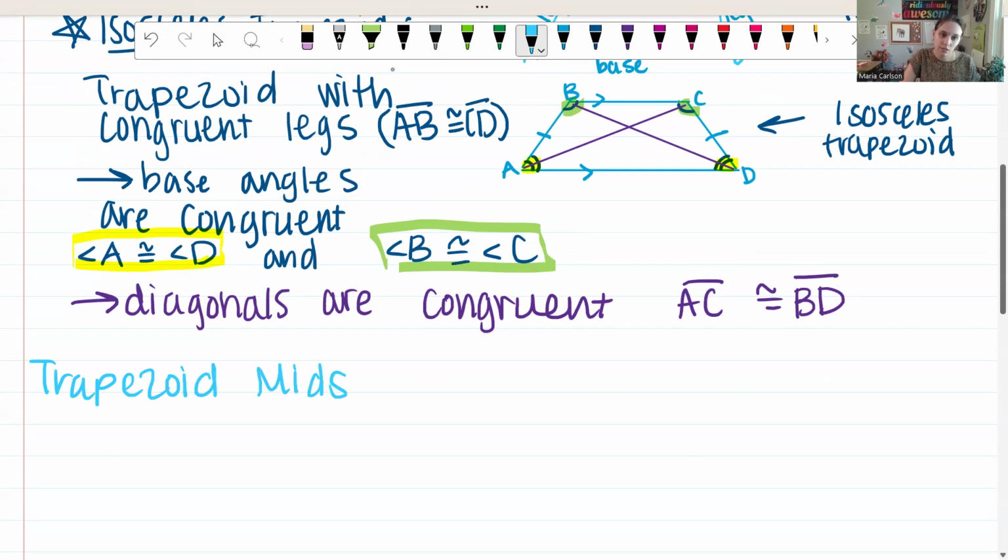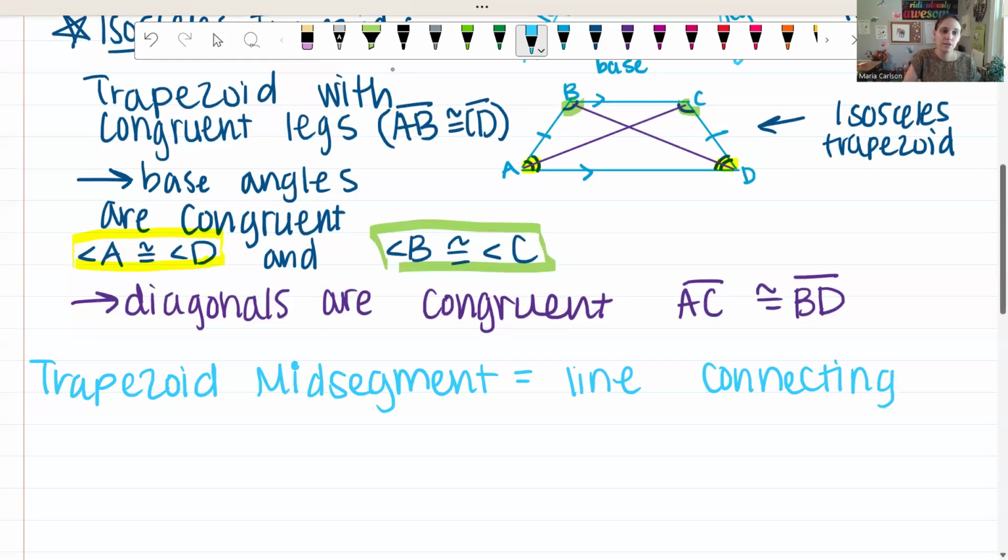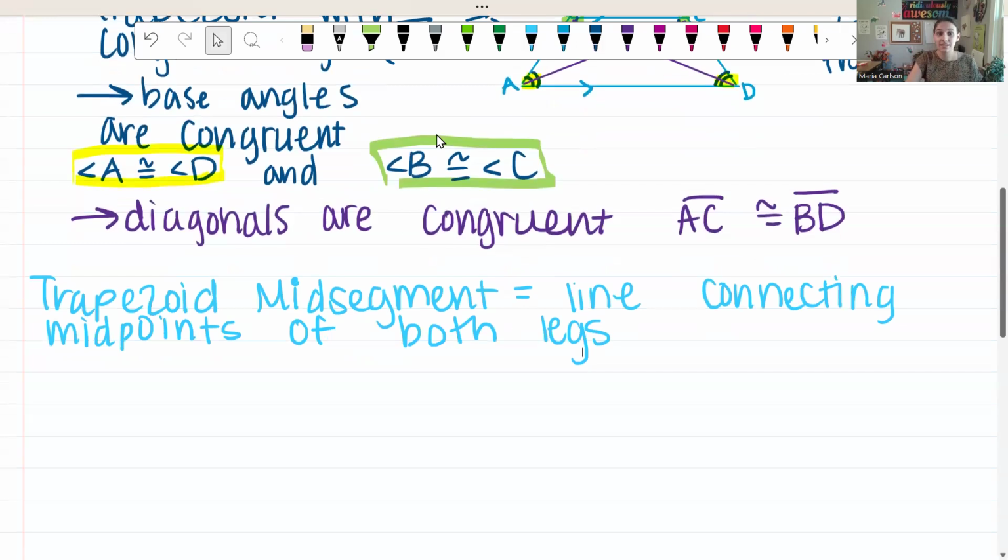So the trapezoid mid-segment, as it may sound, is the line connecting the midpoints of both legs. And again, this applies to all trapezoids.